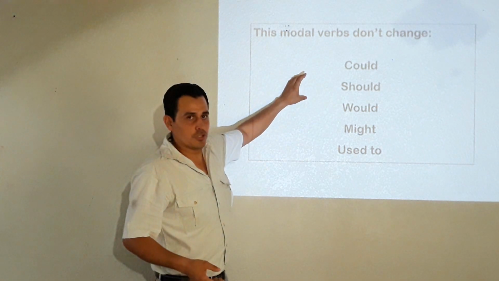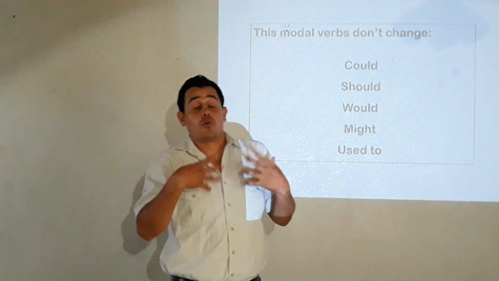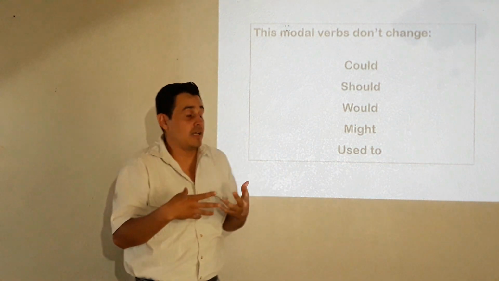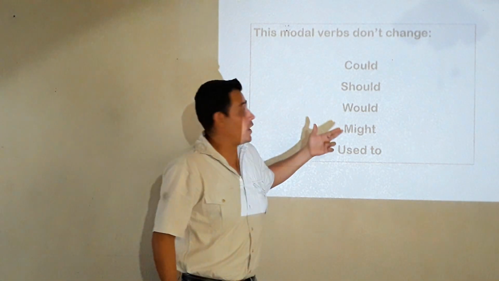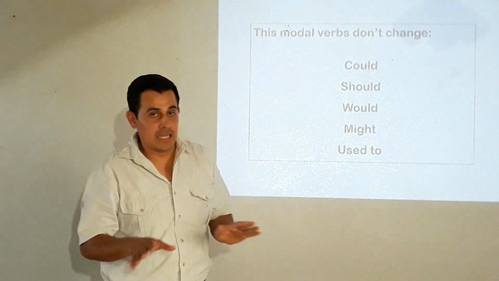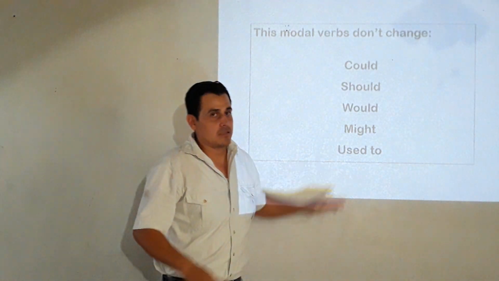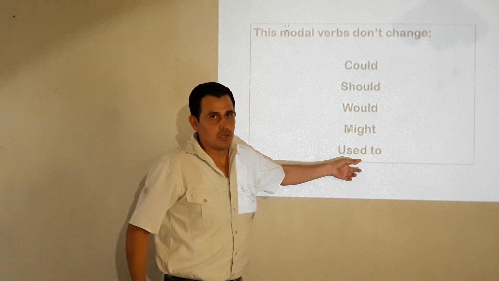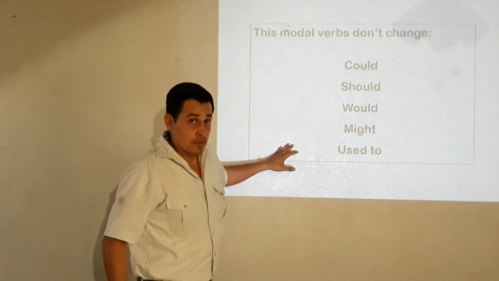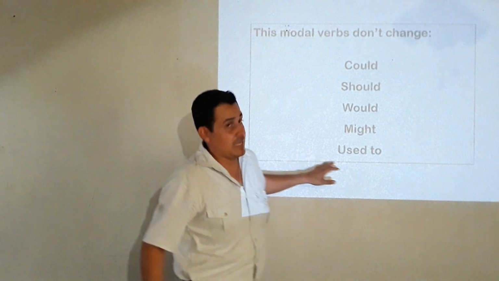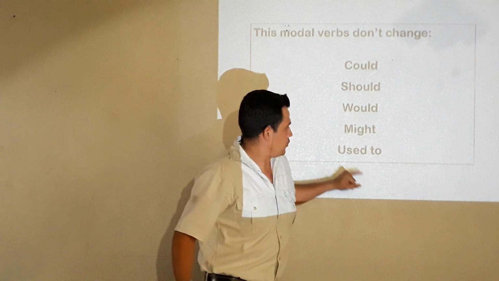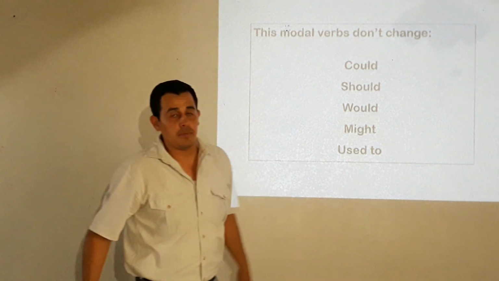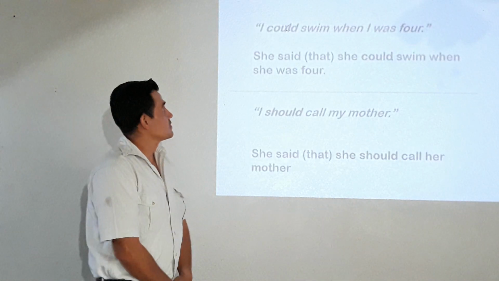That person used should, and then if you want to report what she said or he said, you're going to use should as well. Would, the same thing. Might, again, the same, you're safe. And also used to. If someone uses used to communicate an idea, and you want to report that idea, you are going to use used to in your statement.